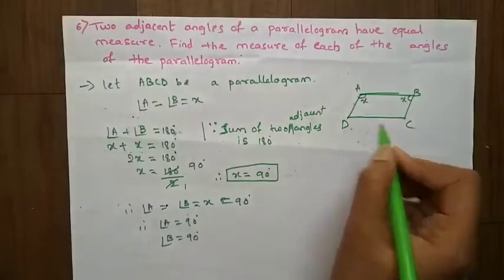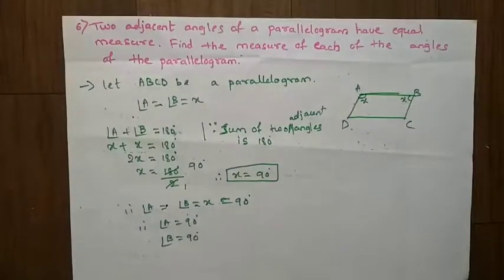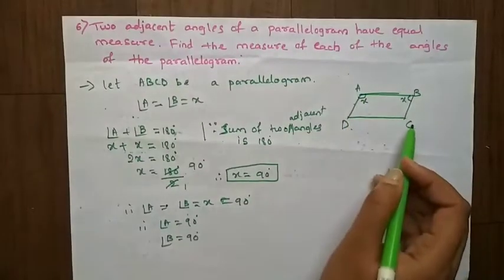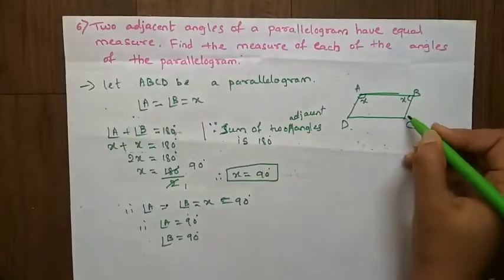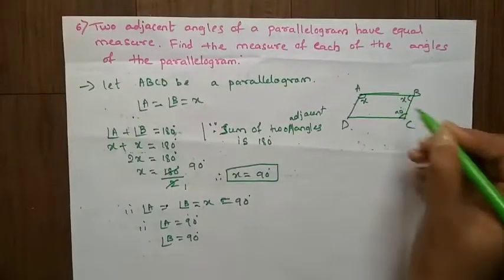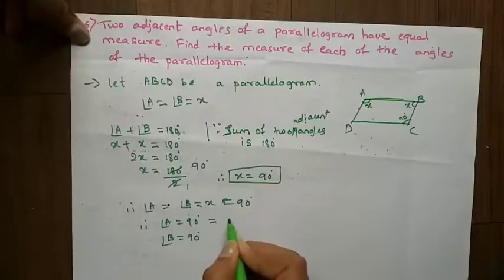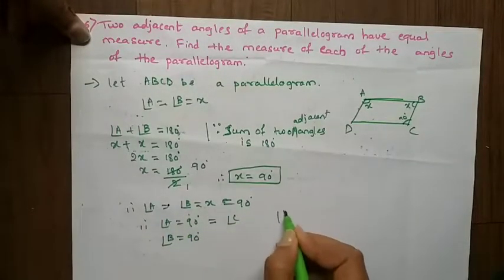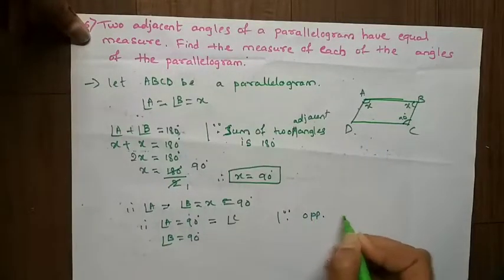So again here we have one more property of the parallelogram: opposite angles are equal. Angle A and angle C are the opposite angles. If angle A is 90 degrees, then definitely angle C is also equal to how much? 90 degrees. So right here, angle A is equal to angle C is equal to 90 degrees, because opposite angles are equal.